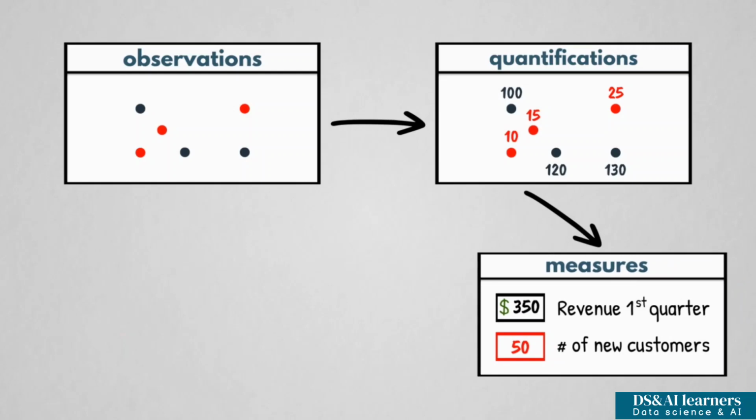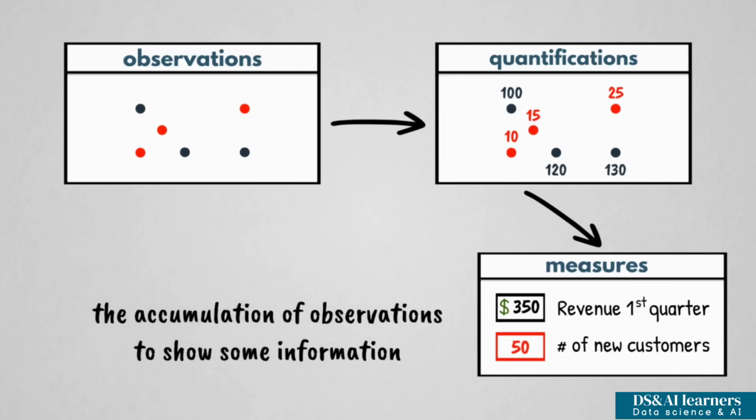A measure is the accumulation of observations to show some information. For example, if you total the revenues of all 3 months to obtain the value of $350, that would be a measure of the revenue of the first quarter of that year. Similarly, add together the number of new customers for the same period, 50, and you have another measure.